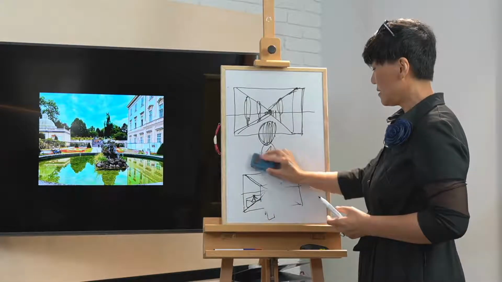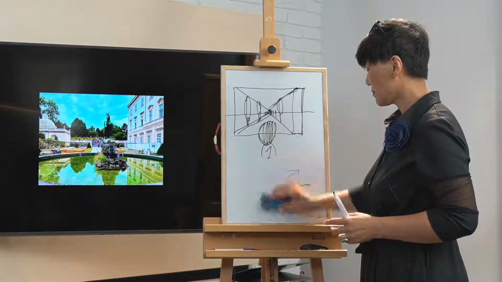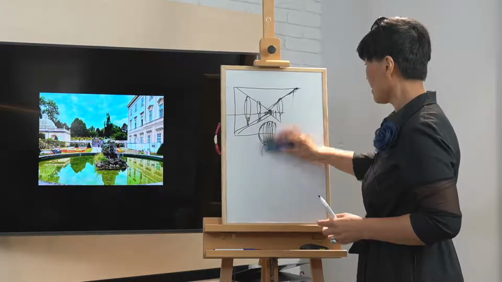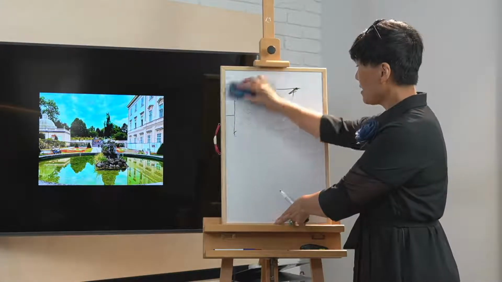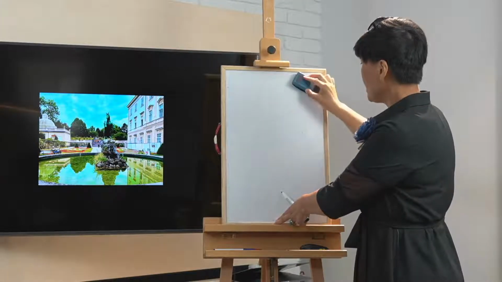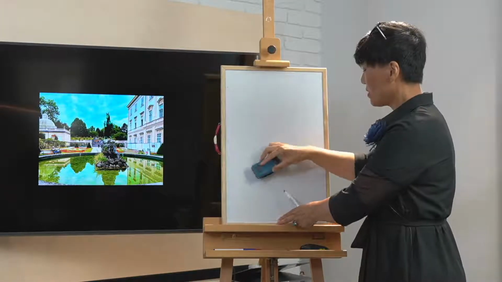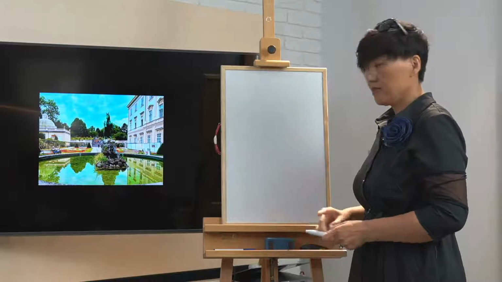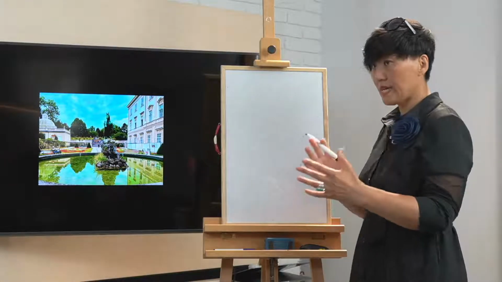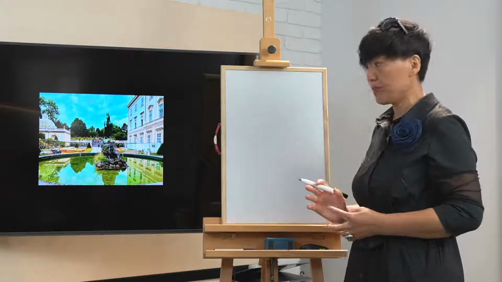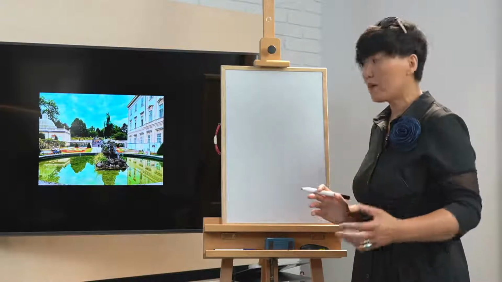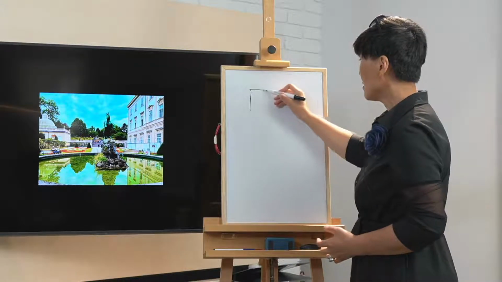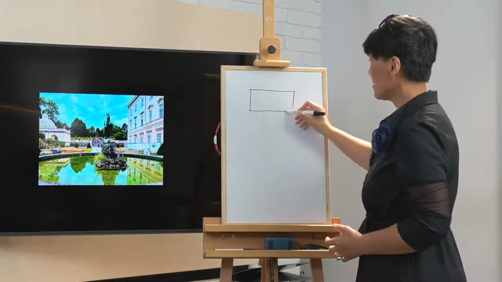The second is, of course, two. I think many people, when they look at a real building, will stand closer to the building. If you go far away, the building will be like this.